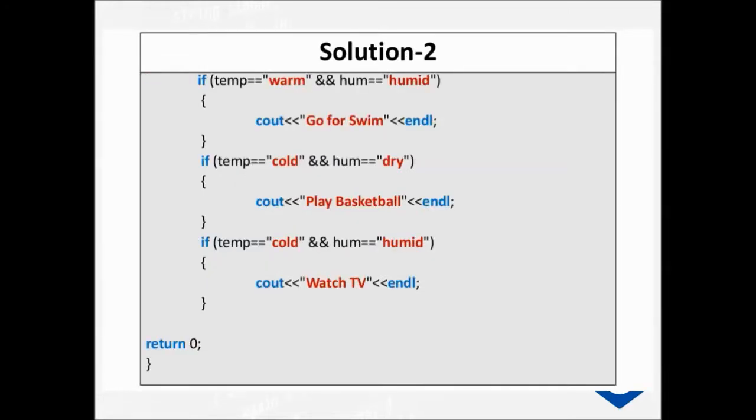If temperature is equal to warm and humidity is equal to humid, then it shows on the screen go to swim. In the third condition, if temperature is equal to cold and humidity is equal to dry, then it prints on the screen play basketball. And in the fourth condition, if temperature is equal to cold and humidity is equal to humid, then it prints on the screen watch TV.